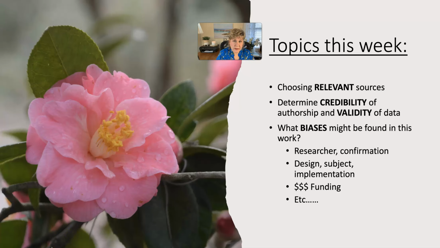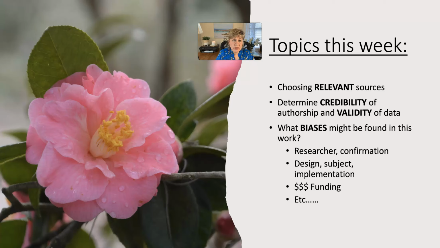I want to go through a little bit of the science before we get into the assignments that you have this week. So let's talk about this. This is all about how science works and things that we should notice when we're looking at research, when we're looking at information out there in the world. First of all, you need to choose relevant sources. And so this means that the source has something to do with the topic that you have chosen, right?